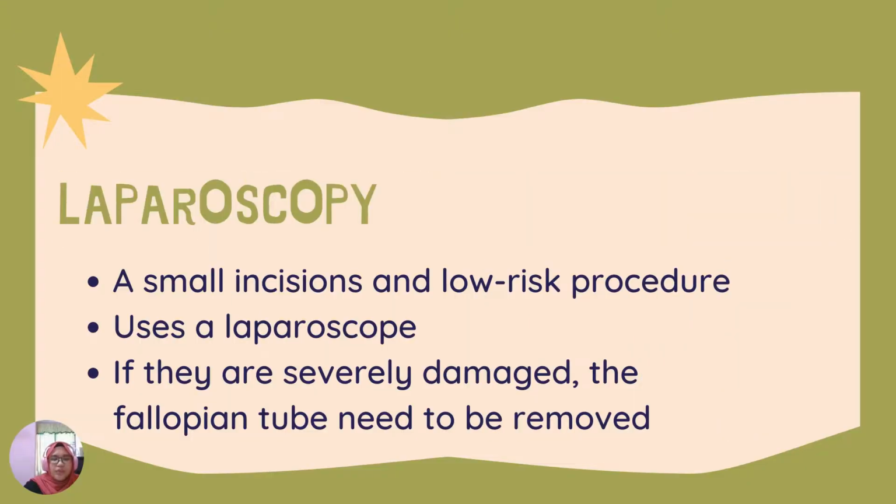So how? We can use the laparoscopy method. How it is done is that the surgeon only makes a small incision, and it is actually a low-risk procedure. The surgeon will use a laparoscope. But if the fallopian tubes are severely damaged, the tube will need to be removed completely.